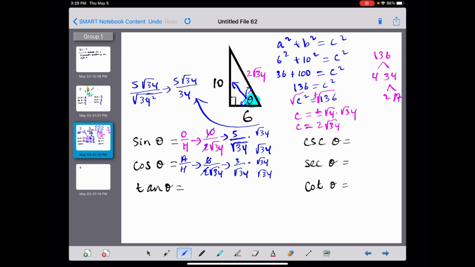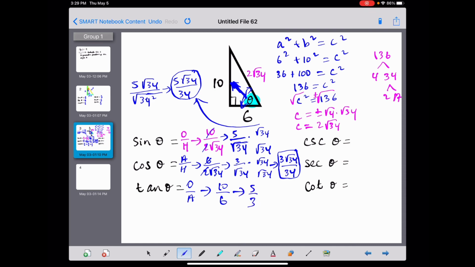Then our final answer is 3 square root of 34 over 34. That's for the cosine, and this is for the sine. For tangent, it's opposite over adjacent. The opposite side of this angle is 10 over the adjacent, which is 6. Then reduce, and you get 5 over 3.